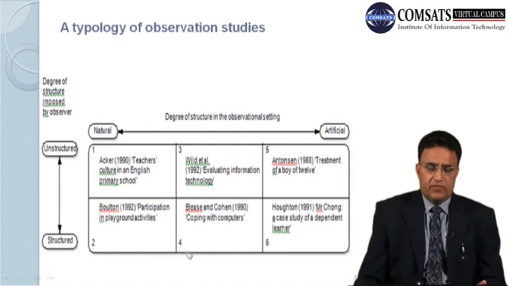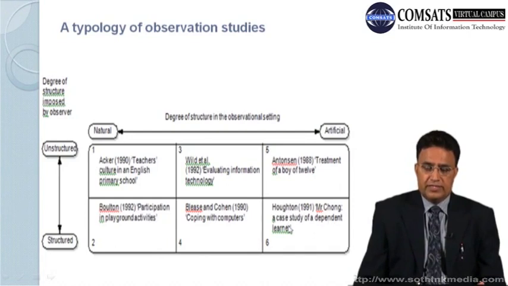And in cell number 4 is also the case study number 4, that was Bliss and Cohen 1990, that was coping with computers. And number 5, Antonson 88, treatment of a boy of 12 years old. And the last one, number 6, was Houghton's 1991, Mr. Chong, a case study of a dependent learner.